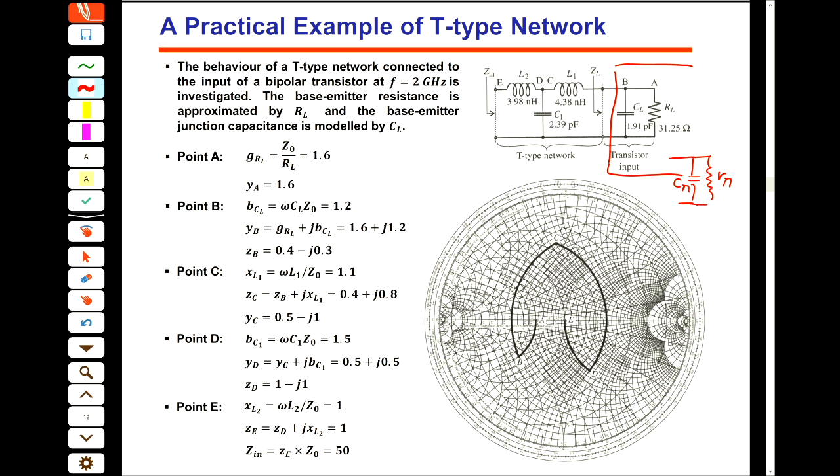So assume that we have a transistor and we want to match it to a 50 ohm line. We are going to come back to this question at the end of this lecture.